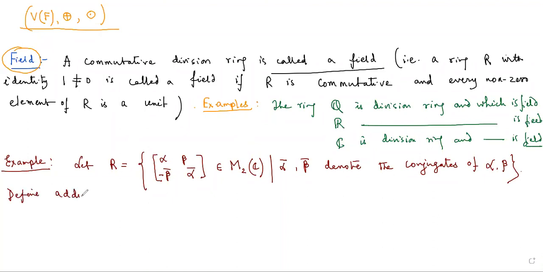Define addition plus and multiplication dot in R by the usual matrix addition and multiplication.